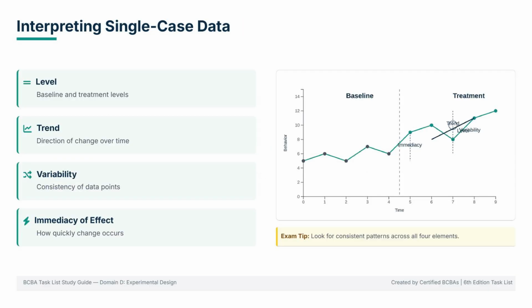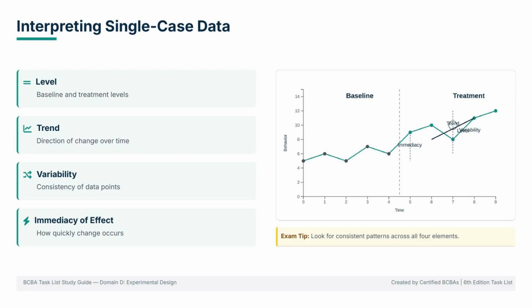When you interpret single-case data, you need to focus on 4 elements. First, level. This refers to the value of the dependent variable at any given point, typically the baseline or treatment phase. Second, trend. Is the behavior going up, down, or remaining steady? You want to identify the direction of the behavior change. Third, variability.